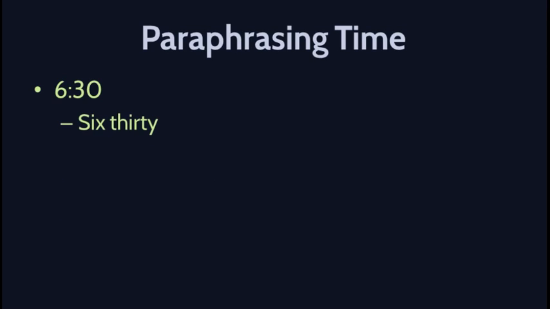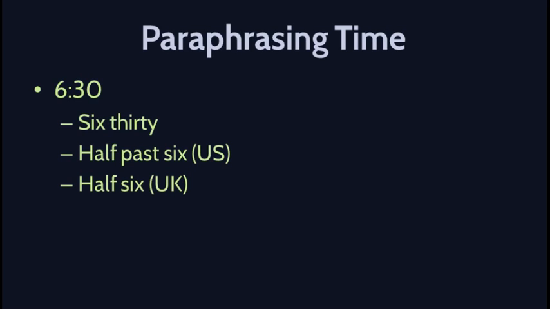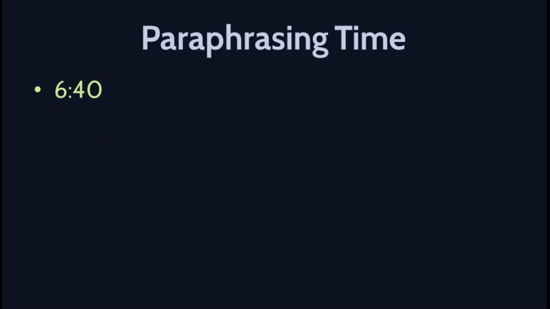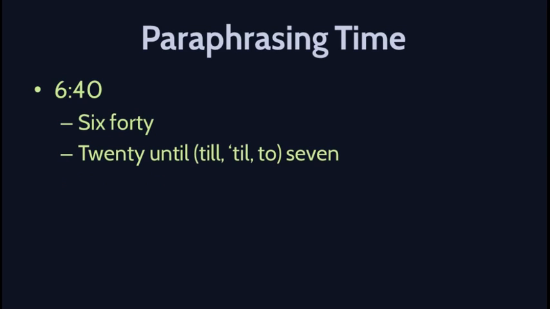This one we can read as 6:30, half past 6, half 6. Notice the difference there between the U.S. pronunciation, or the U.S. expression, and the UK expression. This time can be said as 6:40, 20 until 7, 20 till 7, 20 to 7.